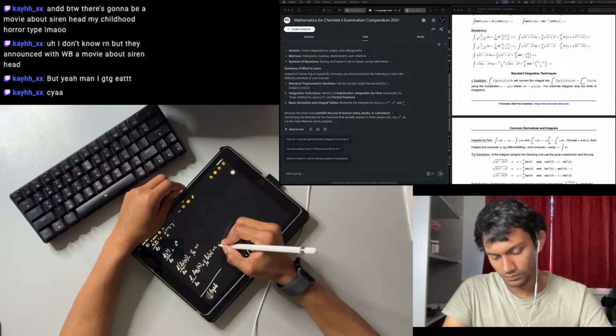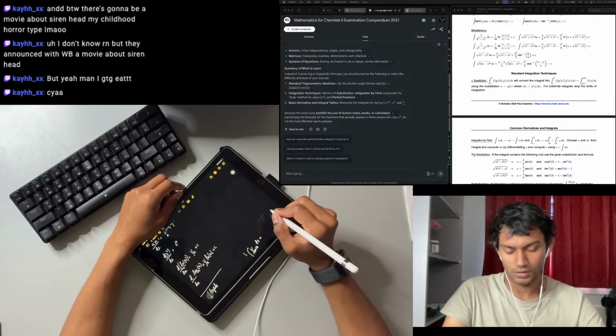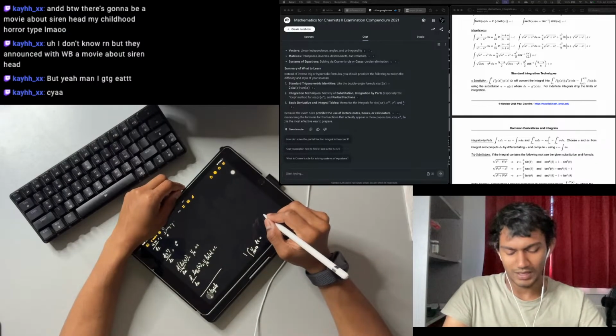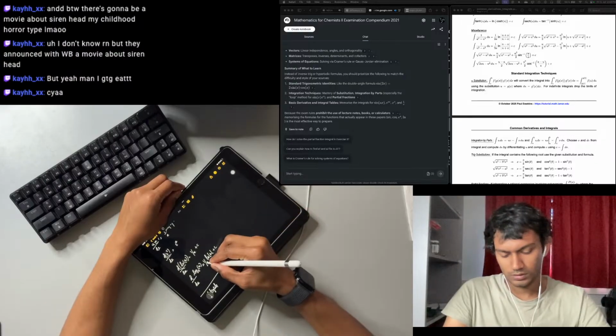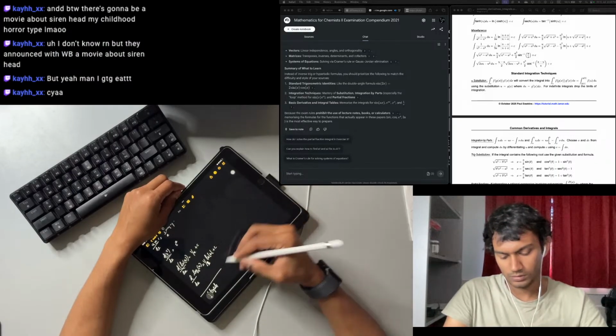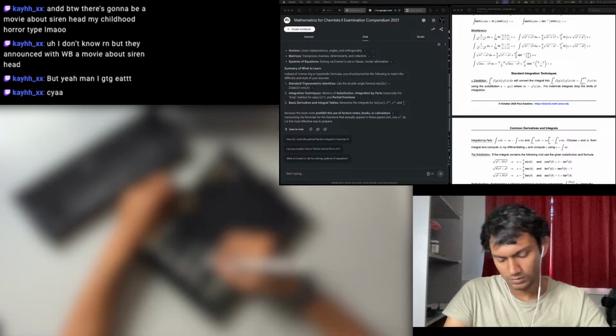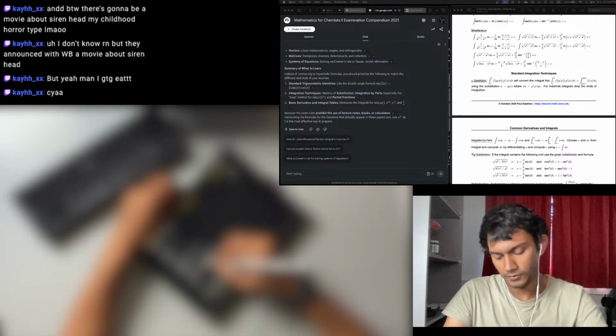That's how I remember the formula. 1 by a? No, 1 by x. Natural log of a. Integrals.